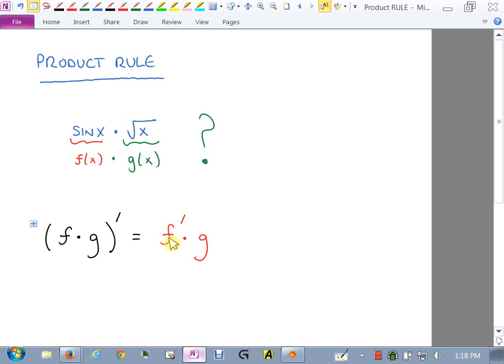So you have to take the derivative of f first, then multiply times g without taking the derivative of g. Once you've done that, you add to that the derivative of g times the f without taking the derivative of f. That's the product rule, and you need to memorize it.